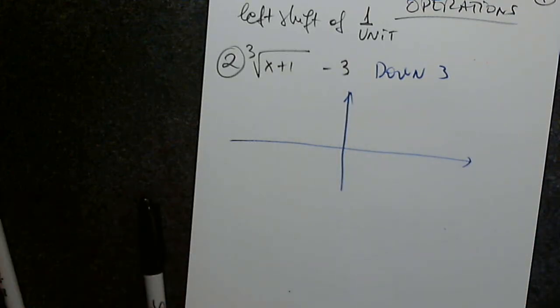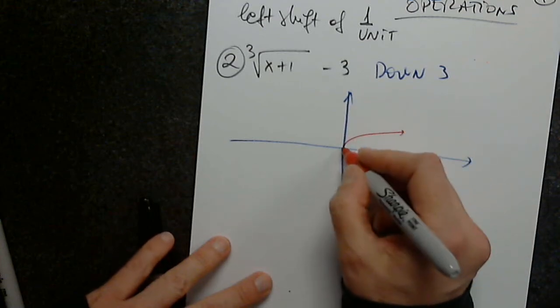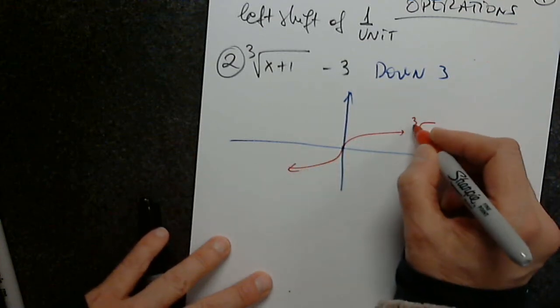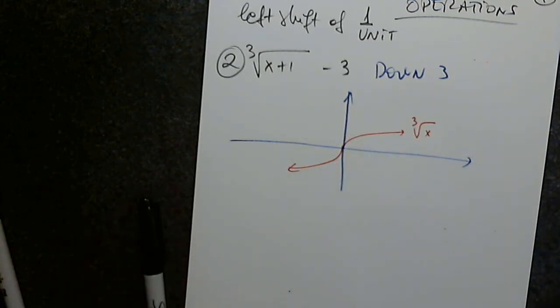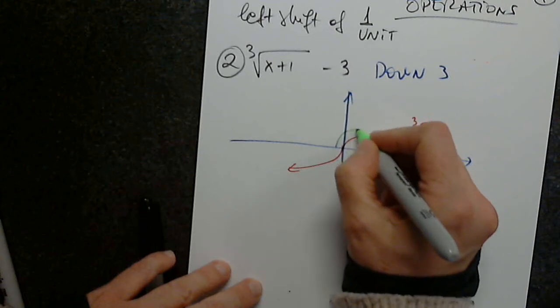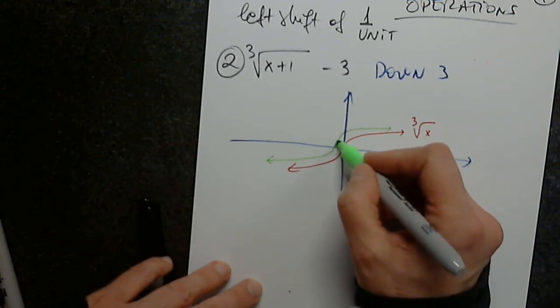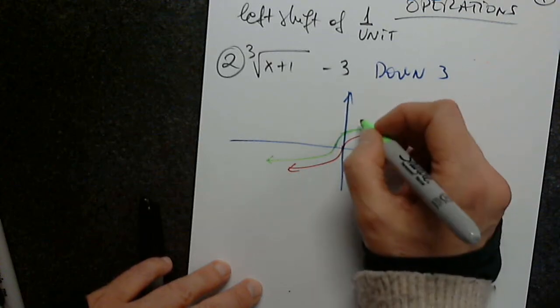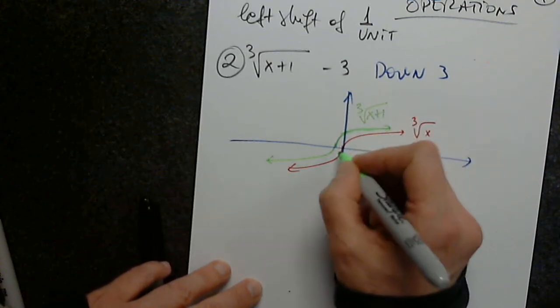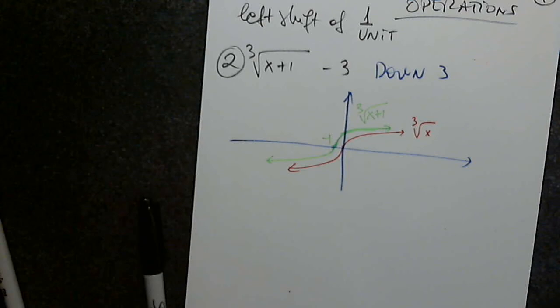So I'm graphing the cube root. Then you told me to shift left 1. Fine. I'm going to shift left 1. It should have been a little bit flatter. Okay. So this is the cube root of x plus 1 at negative 1. And then you told me to shift this 3 units down.